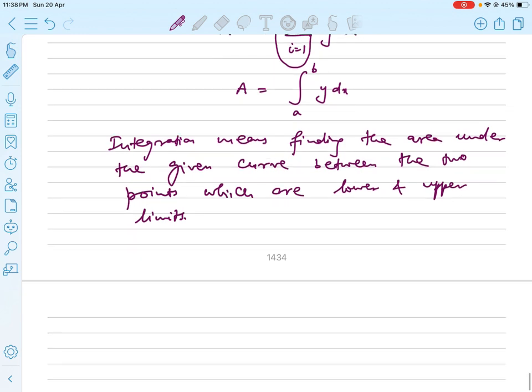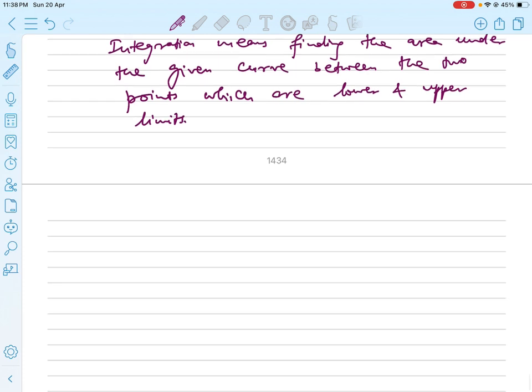Now we have discussed in the previous session that if you have a function f(x) and I find out the derivative of this function f(x), I am going to get a result, right? That result will be another function. It will not be same as f(x), but it will be another function.